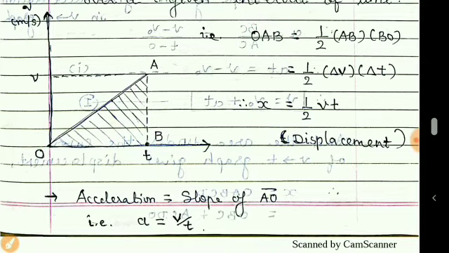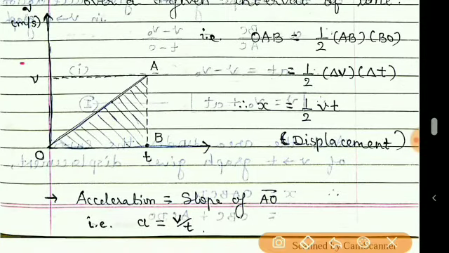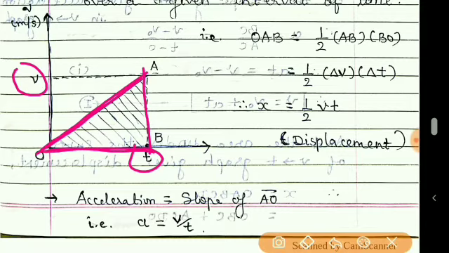So here also, for this velocity time graph, this is the line which shows the graph. Now under the timeline, this much area is covered.